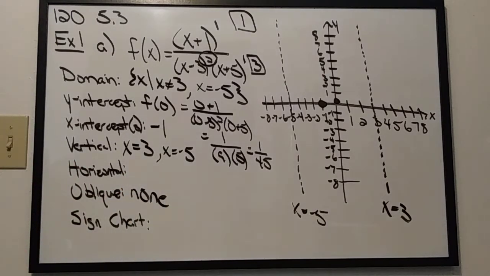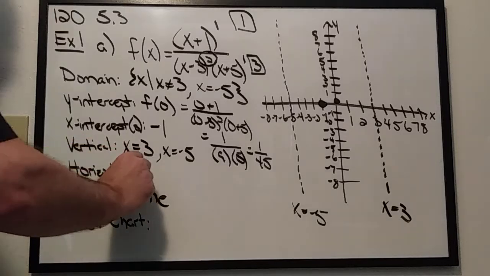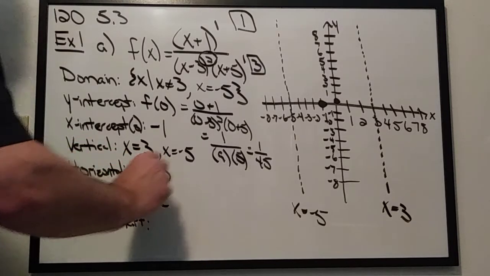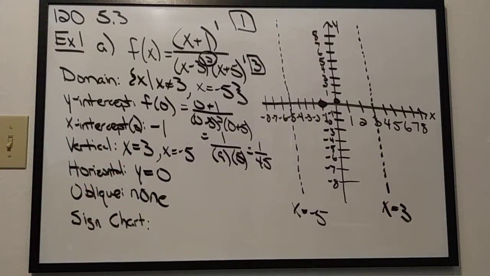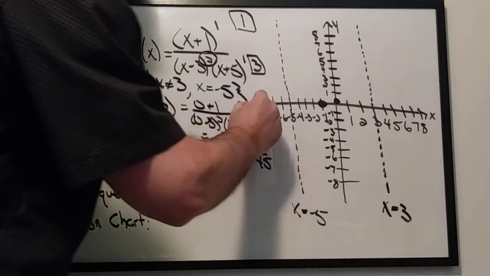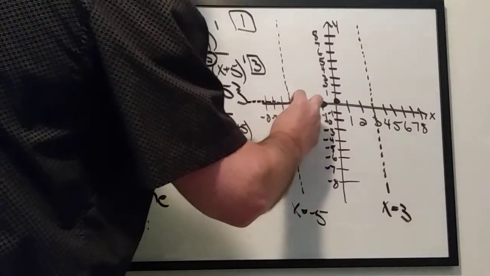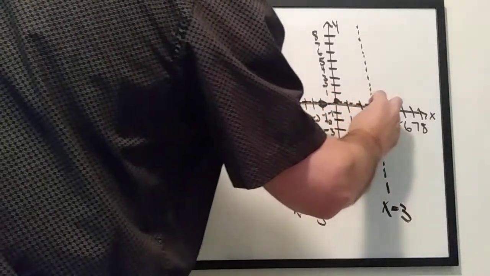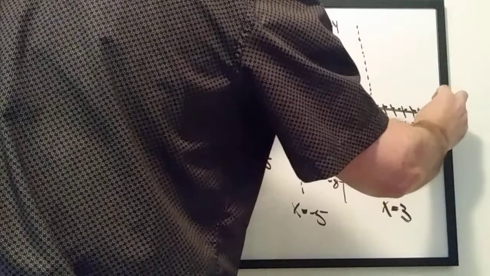And then the second thing that you should have from section 5.2 is that if the degree of the numerator is less than the degree of the denominator, the equation for that horizontal asymptote is y equals 0. Well, once again, the horizontal asymptote is a dashed horizontal line that our graph approaches way out to the left and way out to the right. So let's go ahead and put a dashed horizontal line for y equals 0.